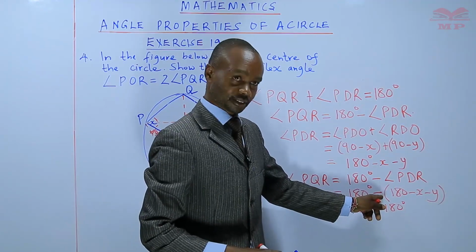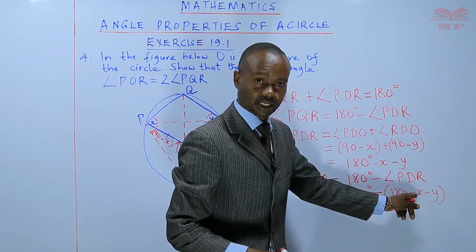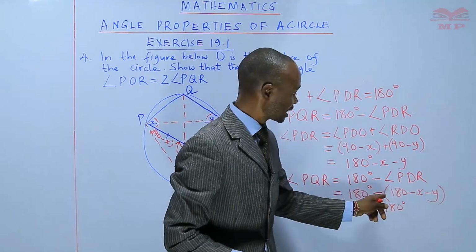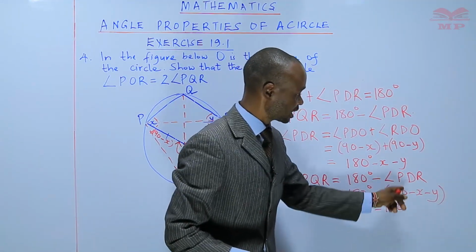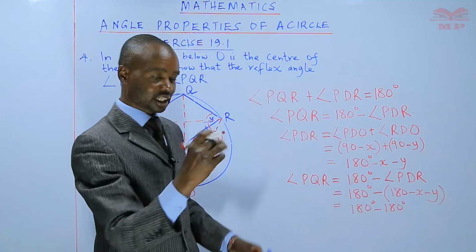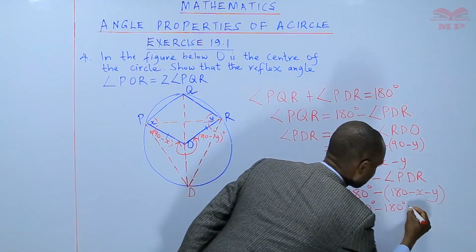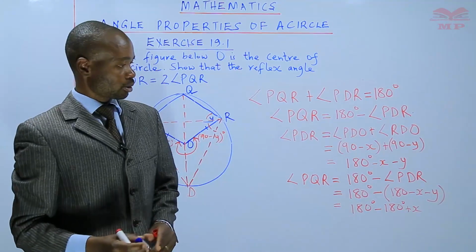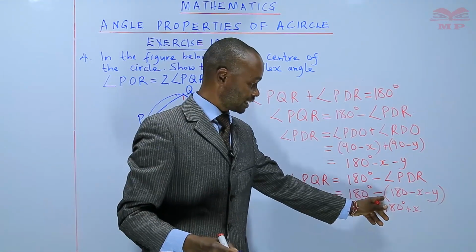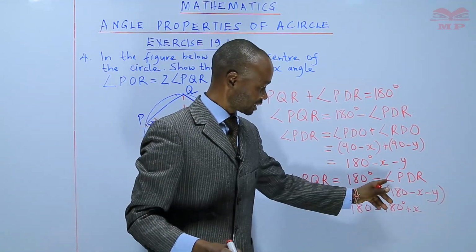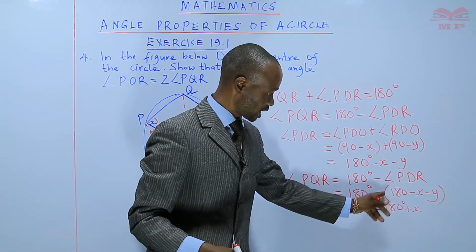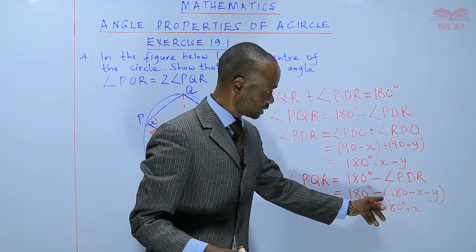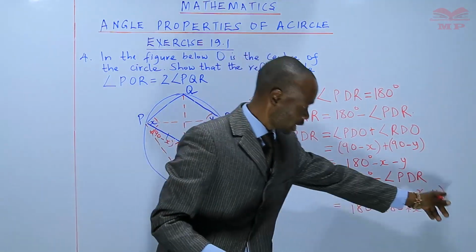When you are opening the brackets here, we have minus. A minus times a minus, we get a positive. It's like having minus 1 outside times minus 1x. It will turn to positive, so it will be plus x. When you have just a minus like that, it's like having minus 1 times minus 1y.